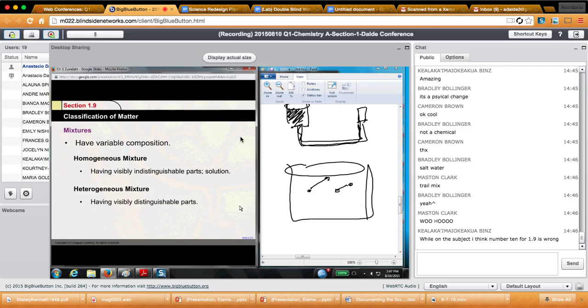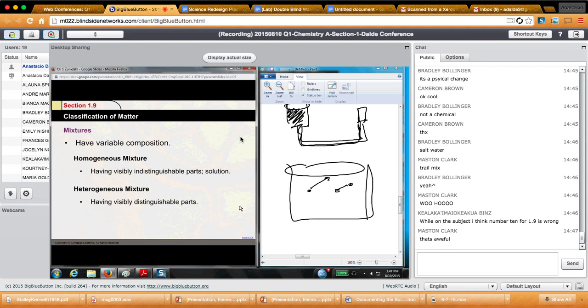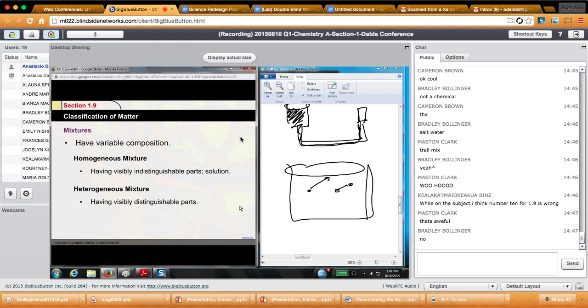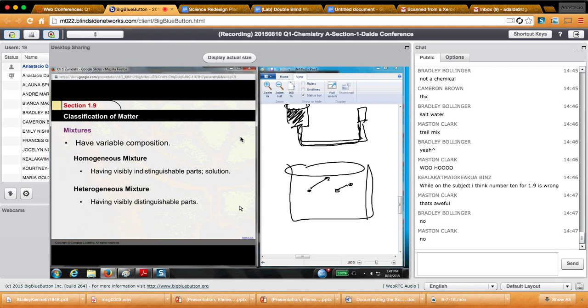It would taste terrible, by the way, but what comes out is this sludge of stuff. Could you distinguish between the peanuts and the M&Ms and the raisins that were inside of there? No, it'd all be this kind of brown mush. You guys get it? That would be a homogeneous, disgusting mixture. A homogeneous mixture means kind of the same. You can't distinguish between the two.